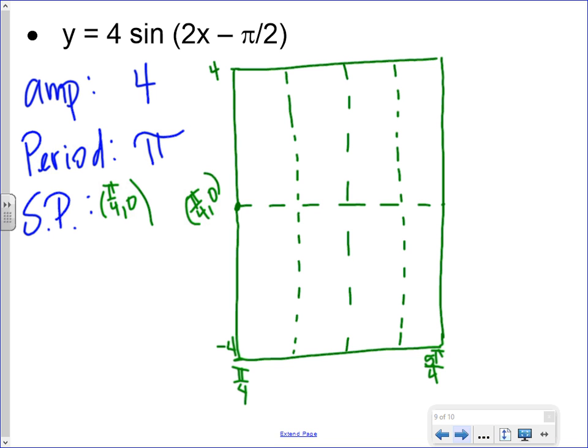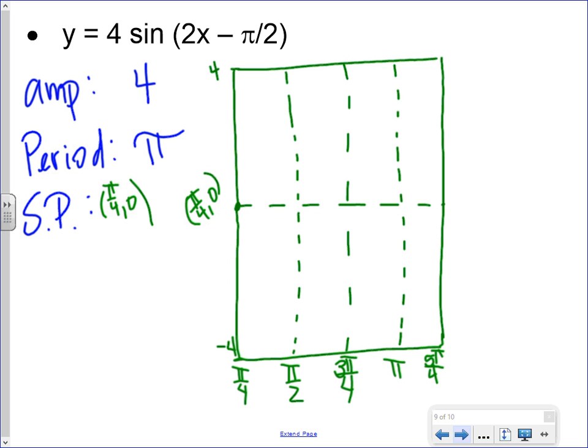So pi over 4 plus pi over 4, pi over 2. Pi over 2 plus pi over 4 is 3 pi over 4. 3 pi over 4 plus pi over 4, 4 pi over 4, which is pi. Pi plus pi over 4 is 5 pi over 4. Okay, you could do it that way if you wanted, or you can cut in half, cut in half, cut in half. Okay, I'm not going to know which one you do.